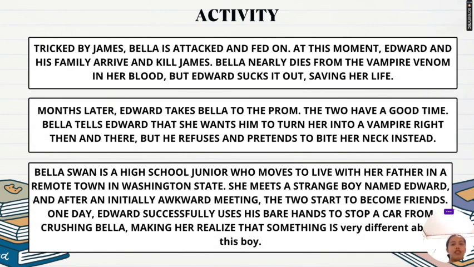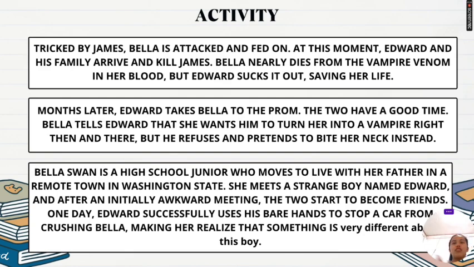But he refuses and pretends to bite her neck instead. So that's how the story ends of Twilight by Stephanie Meyer. And I'm also sure that most of us are actually familiar with the story since it has a movie adaptation.